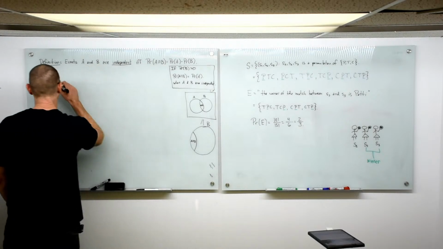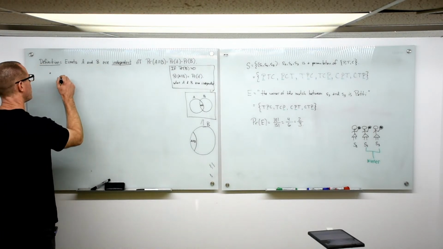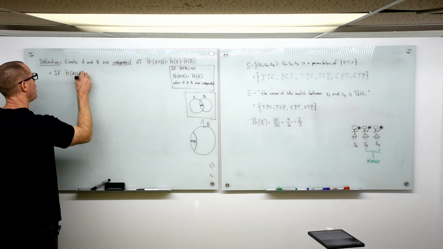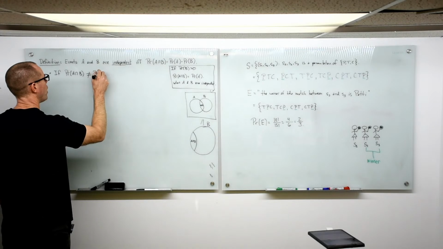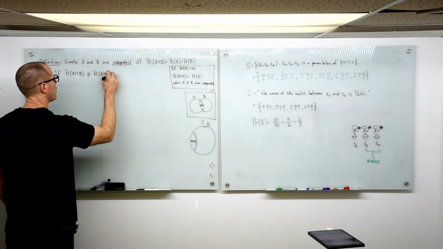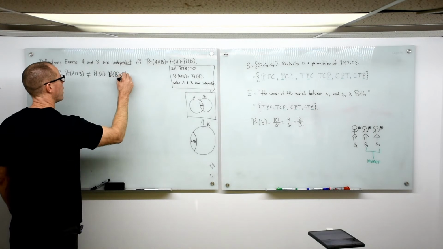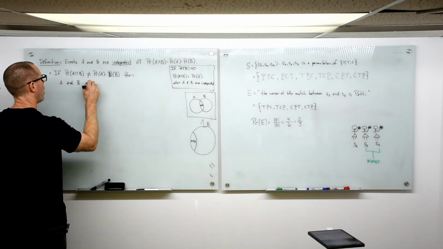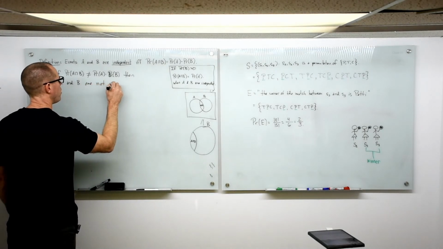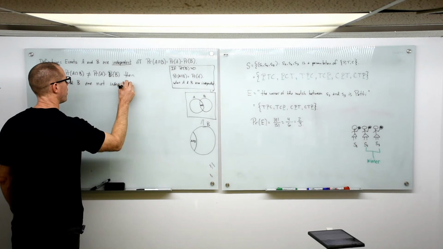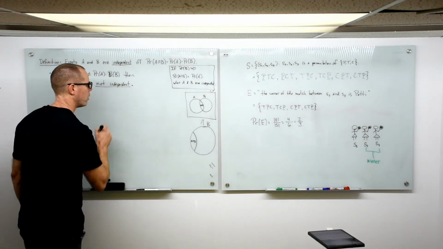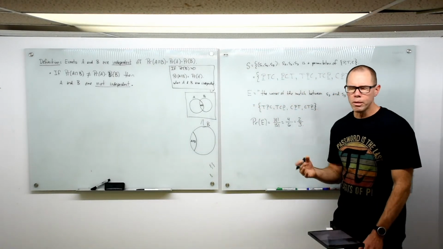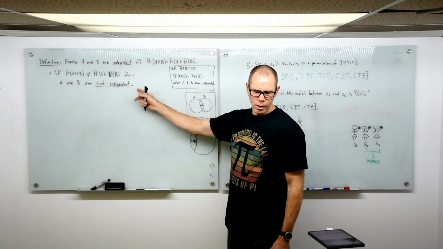So the way I want you to write this is, if probability of A and B is not equal to the probability of A times the probability of B, then A and B are not independent. But don't say that they're dependent, or that A depends on B or B depends on A. Just say that they're not independent.